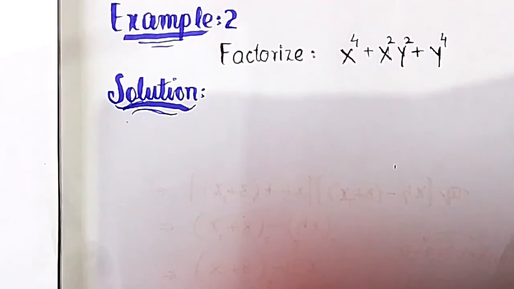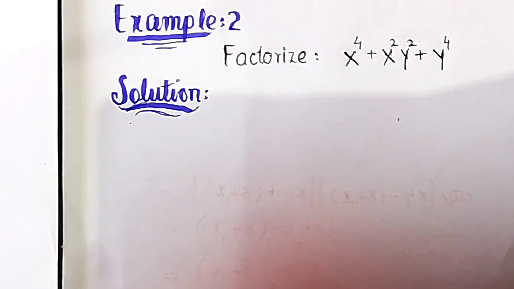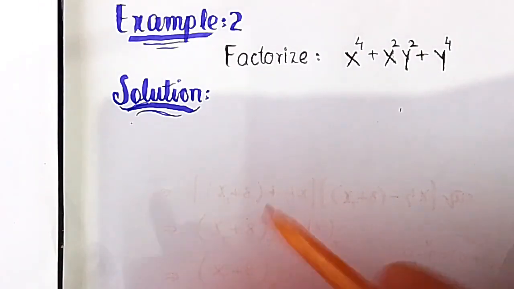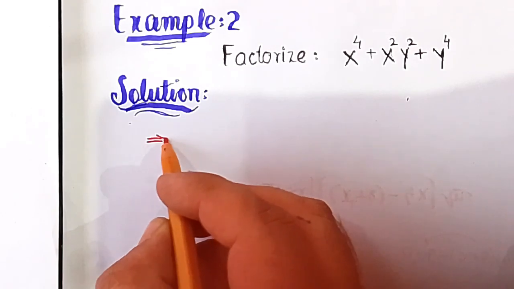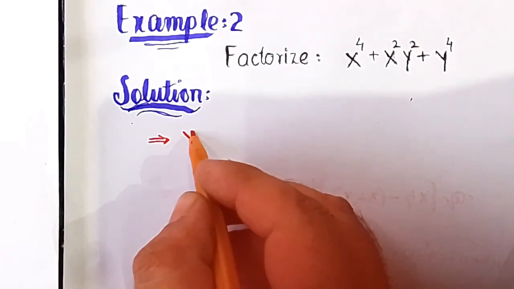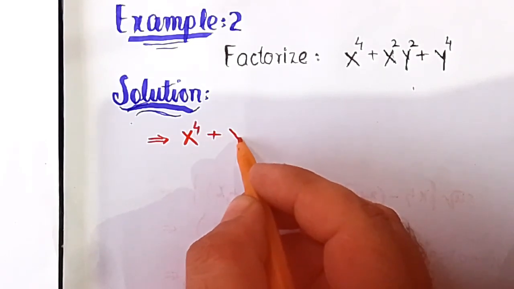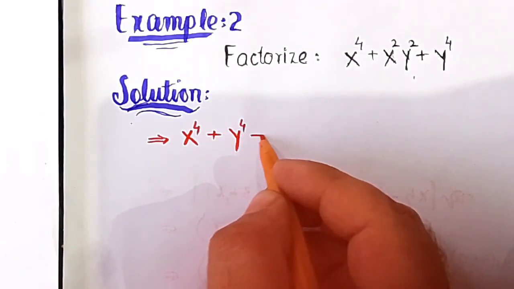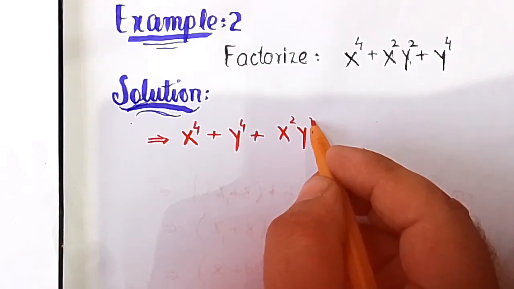The next question is x power 4 plus x square into y square plus y power 4. Now we will factorize this expression. In our first step we will write the question again, like x power 4 plus y power 4 plus x square into y square.